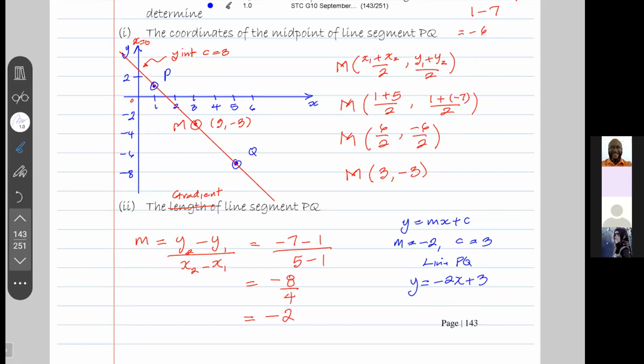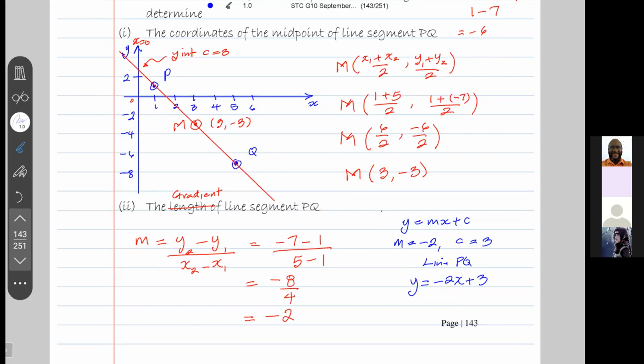Guys, y is equal to -2x plus 3 is the equation of the straight line through P and Q. Once you know the gradient and the y-intercept, you know the equation of the line. A straight line is defined by its gradient and the y-intercept.